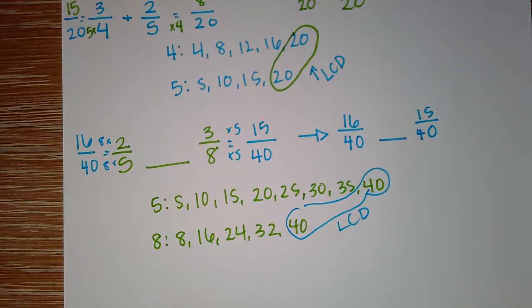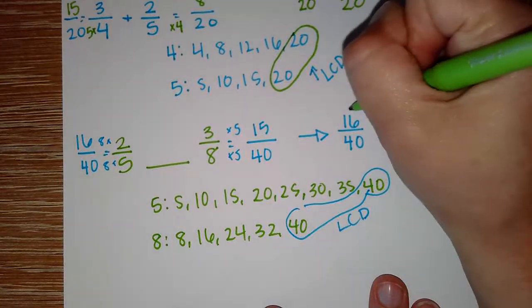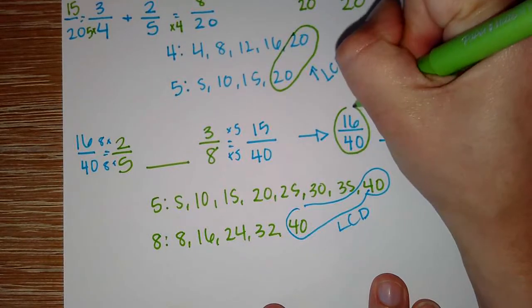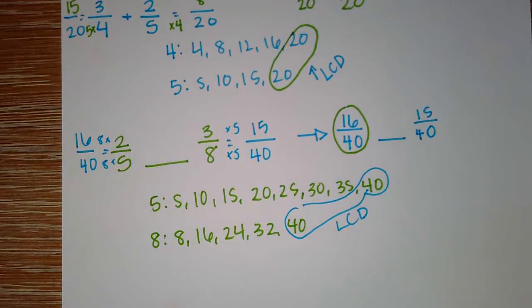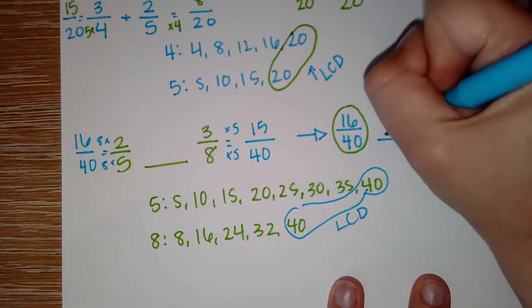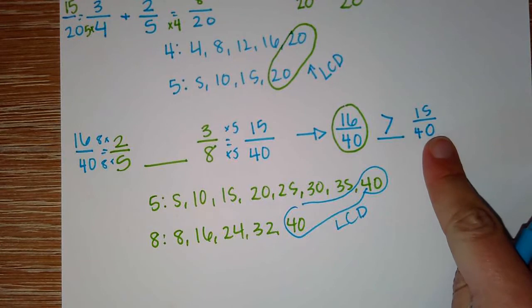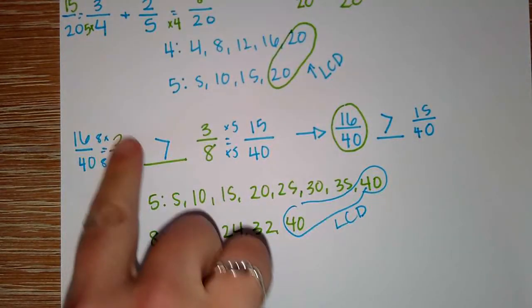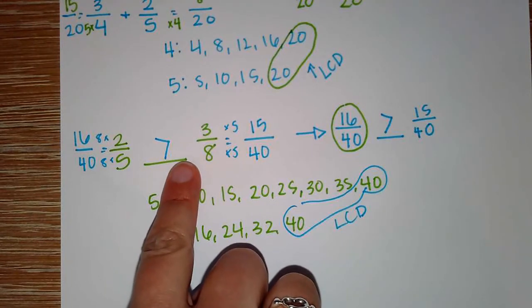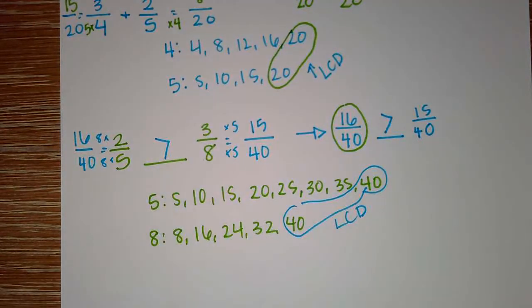So which one is greater? Which one is more? Well, 16 pieces out of 40 is more than 15 pieces out of 40. Therefore, 16 40ths is greater than 15 40ths. We're going back to our original problem here. 2/5 is greater than 3/8.